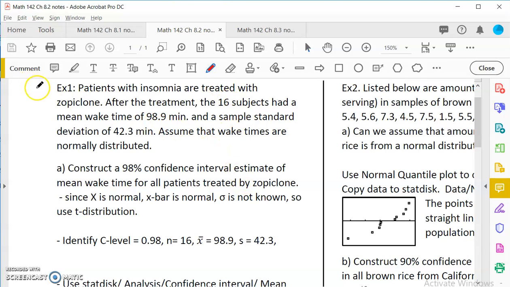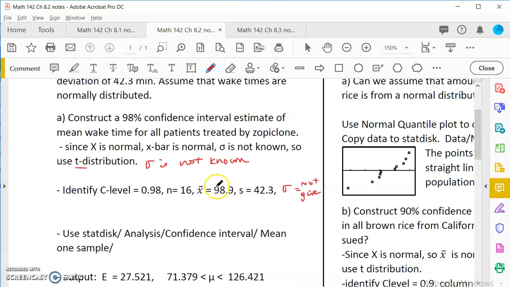You would say, because sigma is not given, use the T distribution. And if they ask for sigma, you would say not given. This points to the fact that you use T.